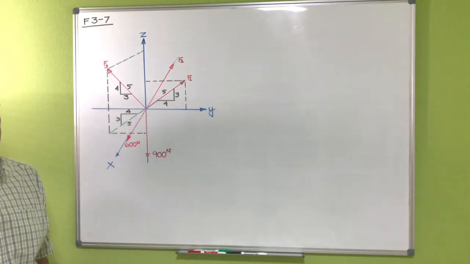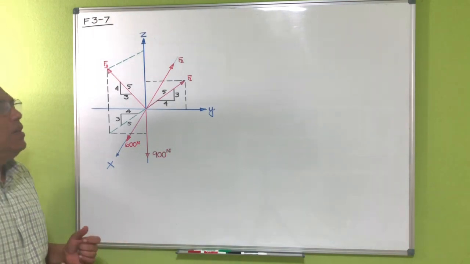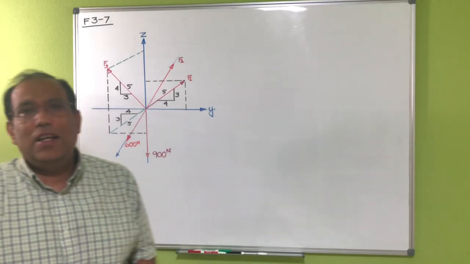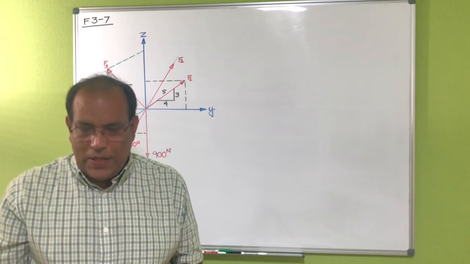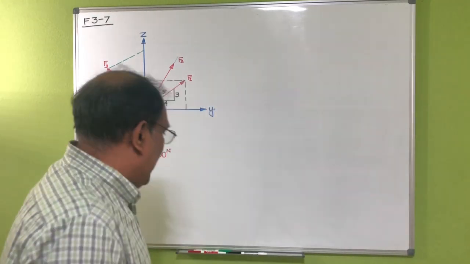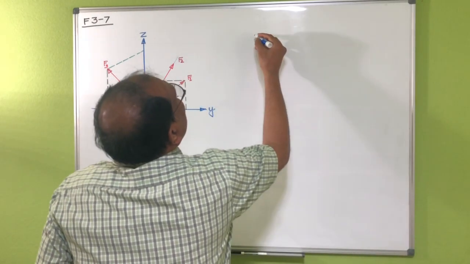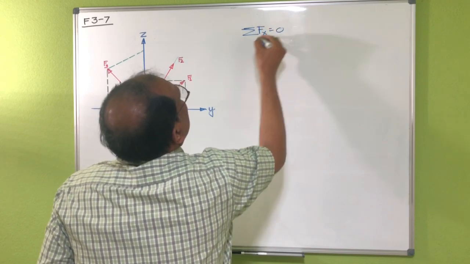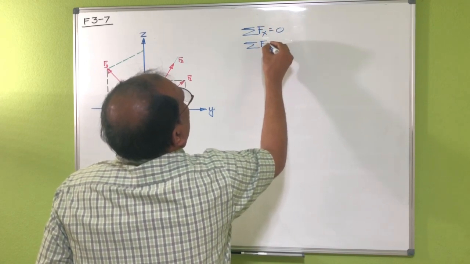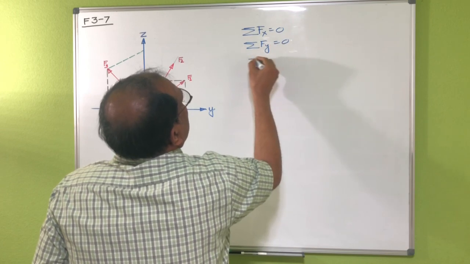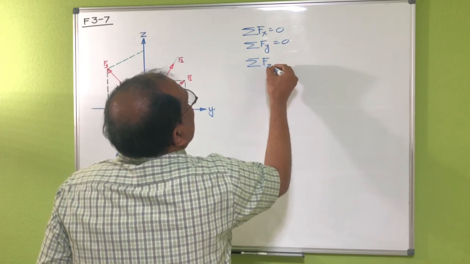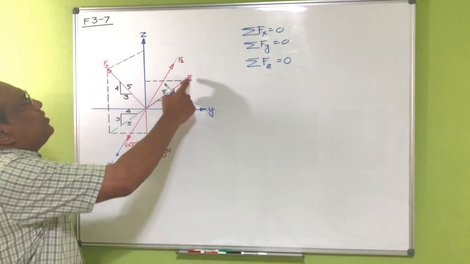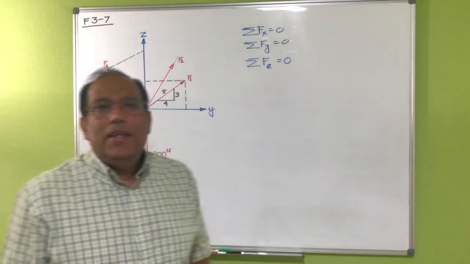If we want to find the forces F1, F2, and F3, these are the three unknowns here. For 3D cases, I have three equations: summation of Fx equal to 0, summation of Fy equal to 0, and summation of Fz equal to 0. So I have three equations and three unknowns, so it can be done.